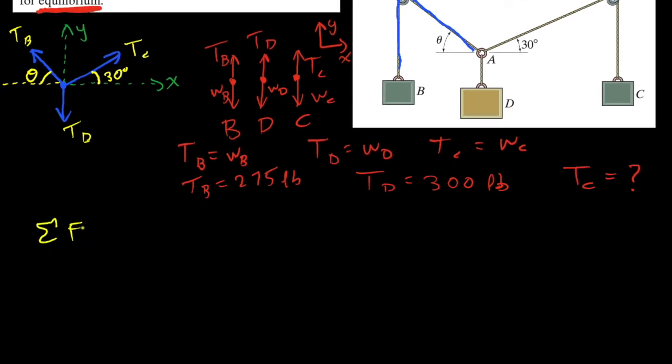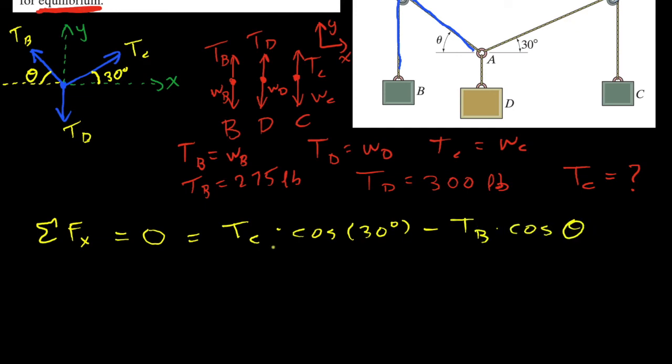Let's set Fx, the summation of forces in the x direction, equal to 0, which is equal to T sub C times cosine 30 degrees minus T sub B times cosine theta.